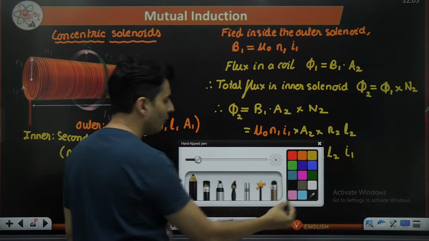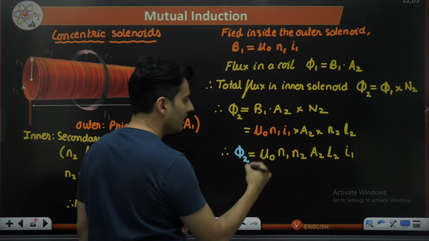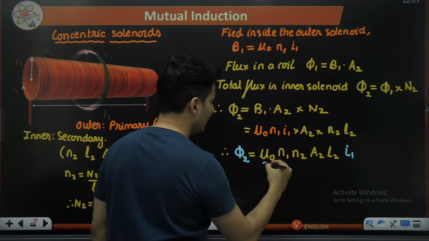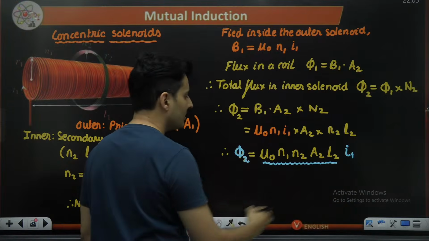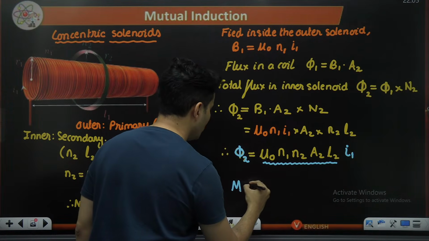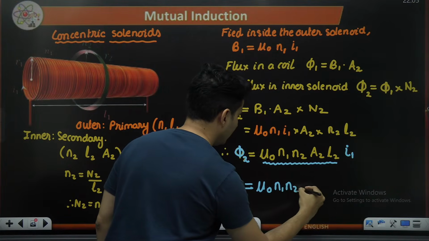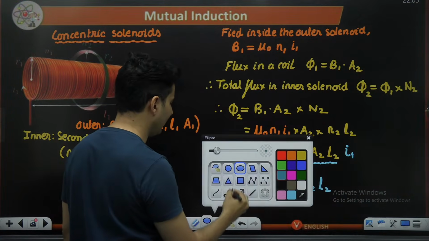Deliberately I did it. Why? Because now you can see my flux in the secondary is directly proportional to the current in the primary. So whatever is over here is the mutual inductance. So the mutual inductance is mu naught n1 n2 A2 L2. That's it. That is the final answer.